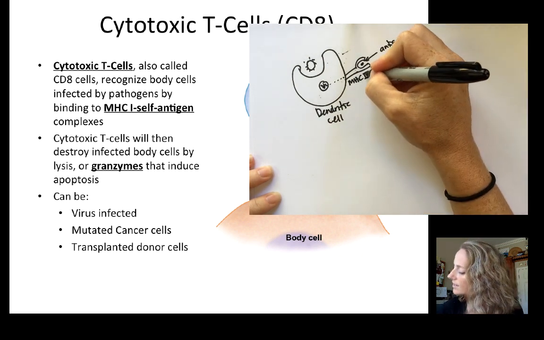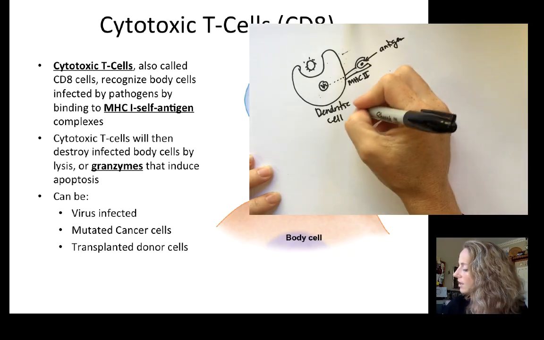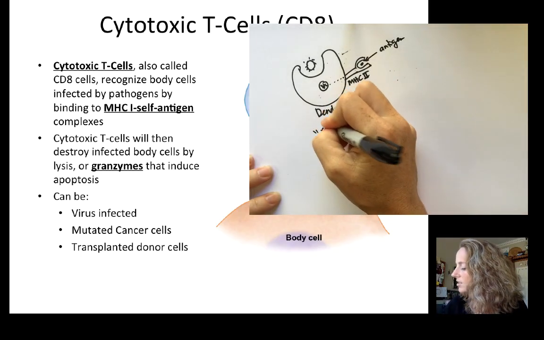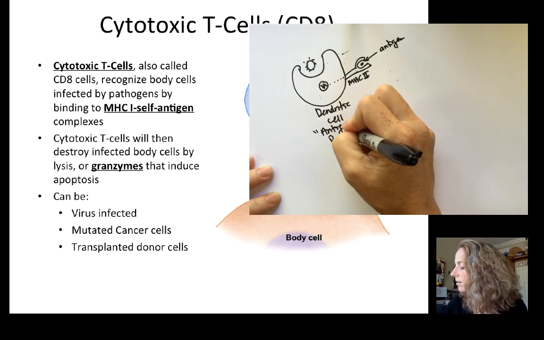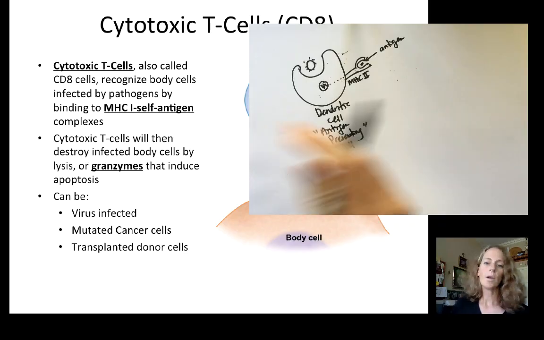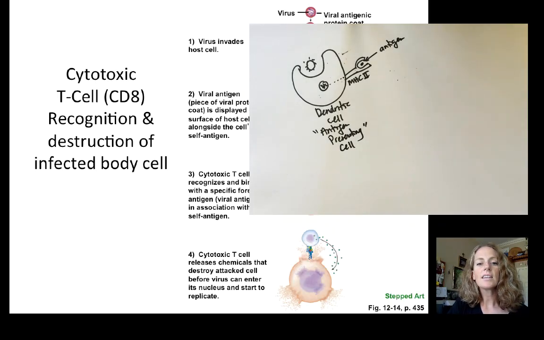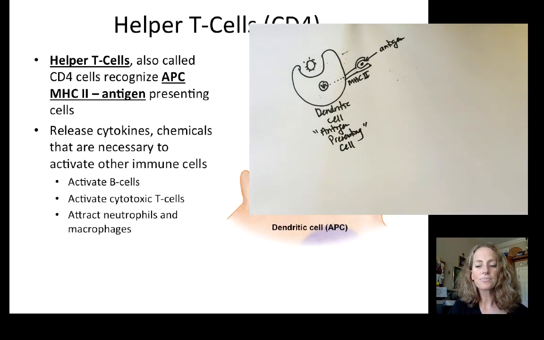When the dendritic cell is displaying an antigen, it is now called an antigen presenting cell. Once the antigen presenting cell is displaying an antigen, it's going to be recognized by a helper T cell.